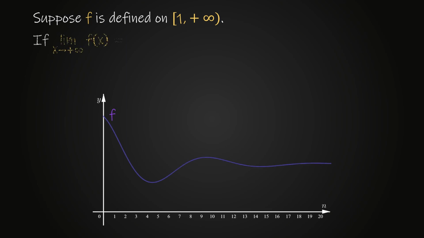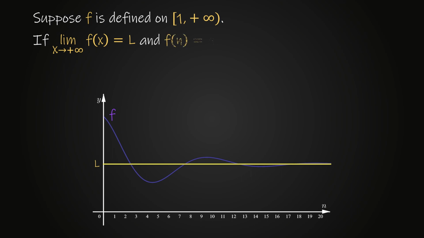If the limit of f of x, as x approaches positive infinity, is equal to L, and each term is a sample value of f at x equals n, then the limit of a_n, as n approaches positive infinity, is equal to L.